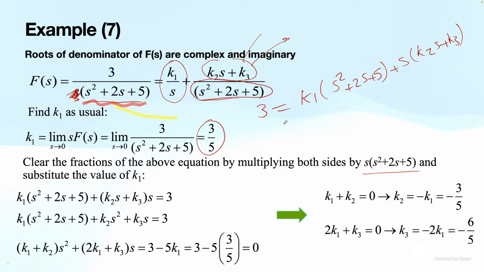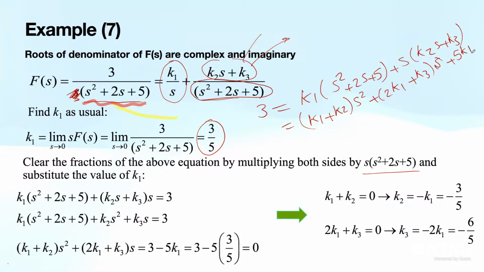Arrange it. So for the coefficient of S squared, we have here K1 S squared and we have K2 S squared, right? So it will be K1 plus K2 multiplied by S squared, plus the coefficient of S, which will be 2K1, and here S K3, so plus K3 multiplied by S, and plus we have here 5K1.